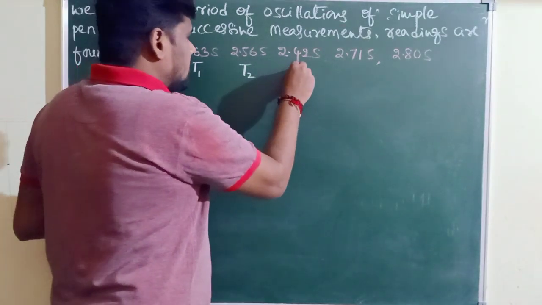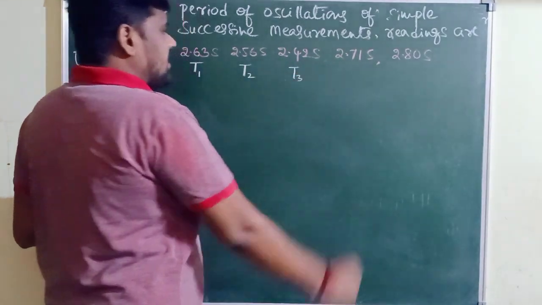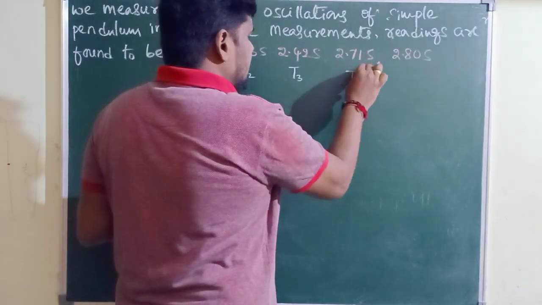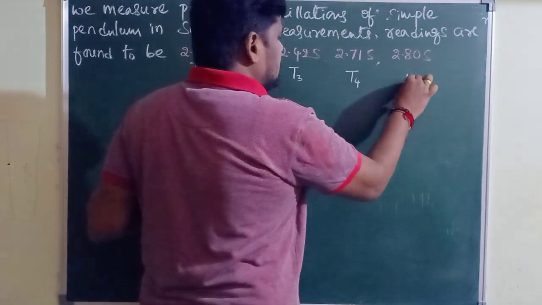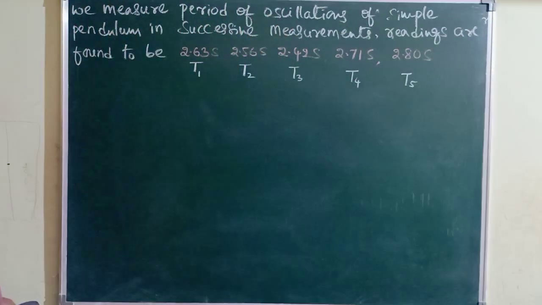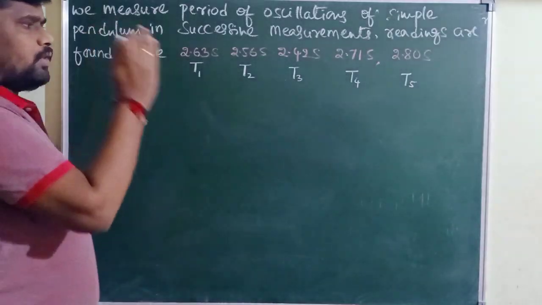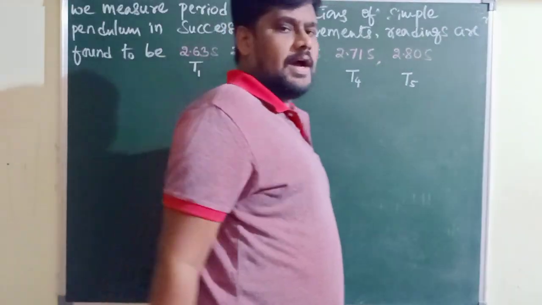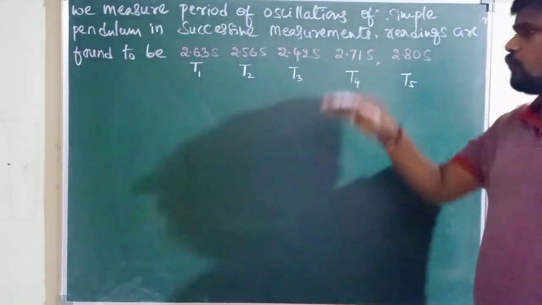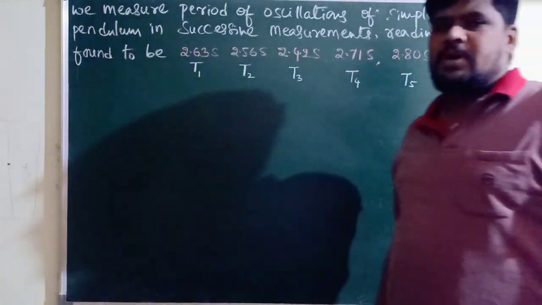Third trial, T3. Fourth trial, T4, and the last trial, T5. T1, T2, T3, T4 and T5 are the time periods of a simple pendulum in 5 successive measurements.